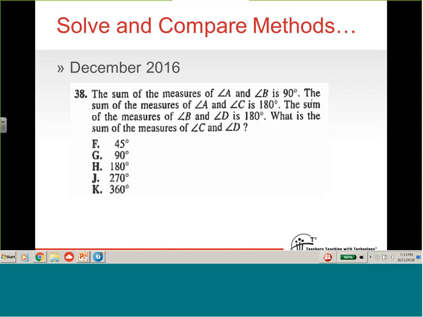Maybe all four of them add up to 360. That's interesting. A and B are acute, and so maybe figured out that C and D must be obtuse because of that.